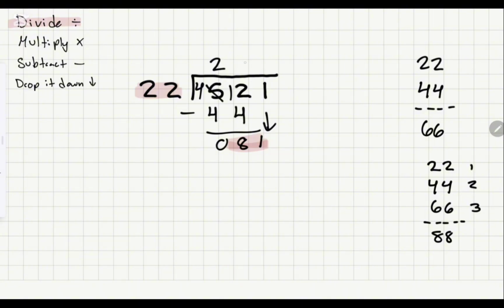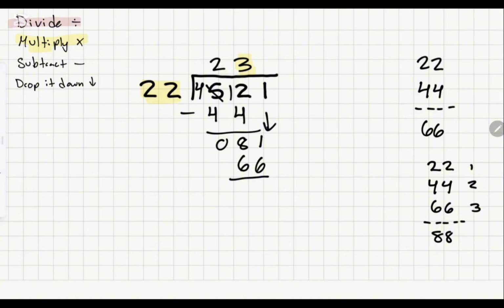Okay, so I'm going to write that 3 right here beside my 2. And then our next step is going to be to multiply. So 22 times 3, which is 66. So let me write that underneath of my 81.